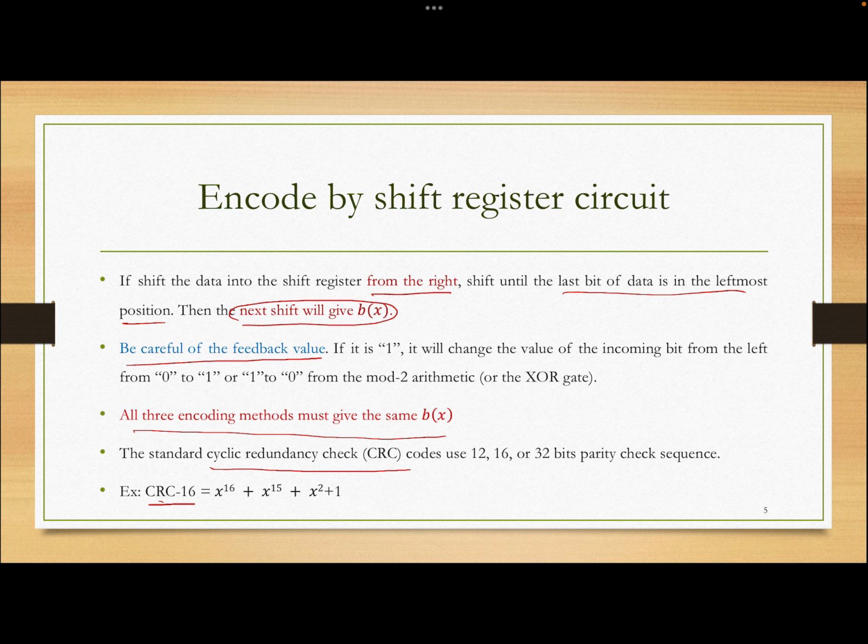We also have CRC-12 and CRC-32. And it will be given to you what the generator polynomial is. So this is the generator polynomial of CRC-16, which is the one that I used as the first example before. You can search for what CRC-32 is on Google.